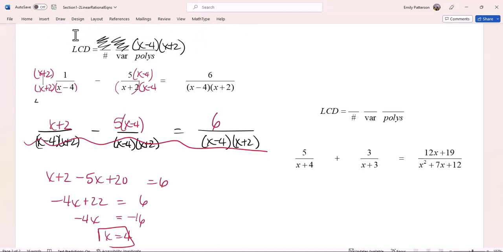So if I put it in here, if I have 4 plus 2, again we said x was 4, then this is, excuse me, this is 6 and that's fine. But if I put 4 minus 4, that becomes 0. And what happens is I multiply, my denominator will now be 0, which hopefully we know that any denominator of 0 means it's going to be undefined.